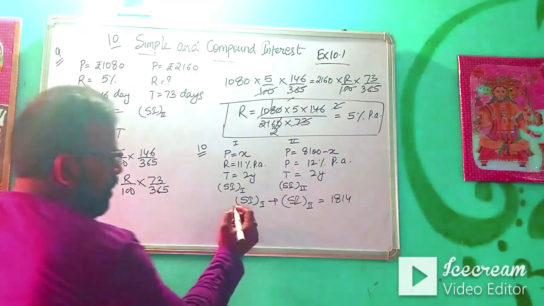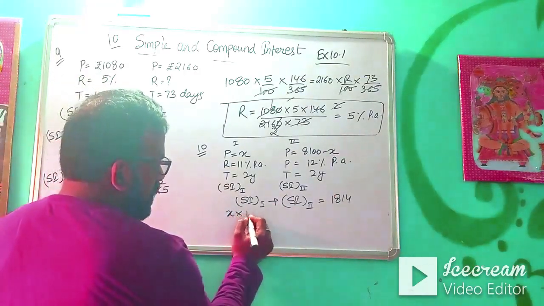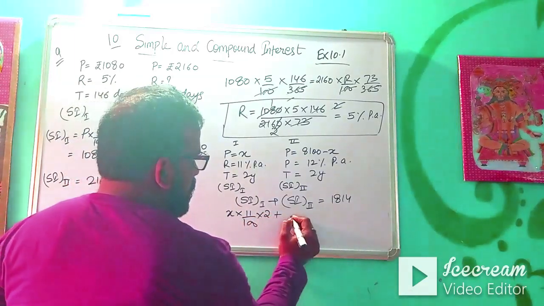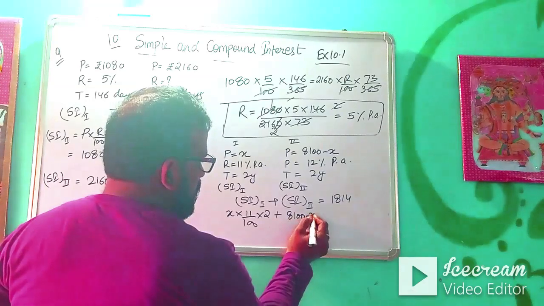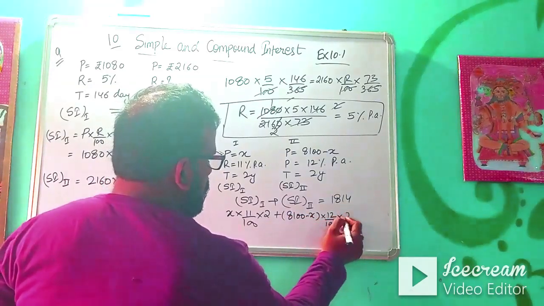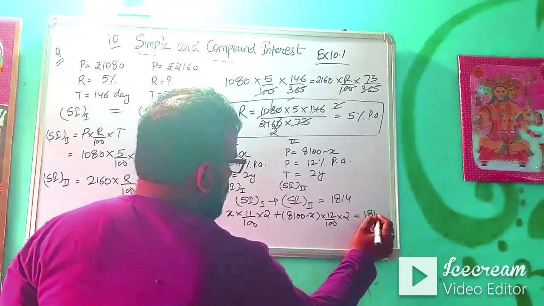So we will simply put the values: 11 upon 100 into 2 plus 8100 minus x into 12 upon 100 into 2 equal to 1814.